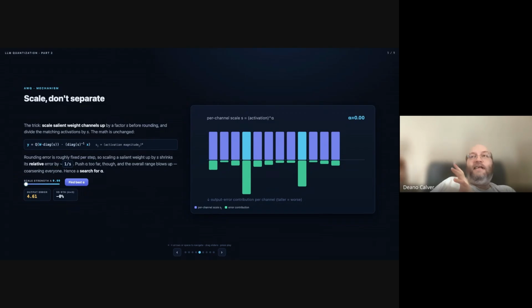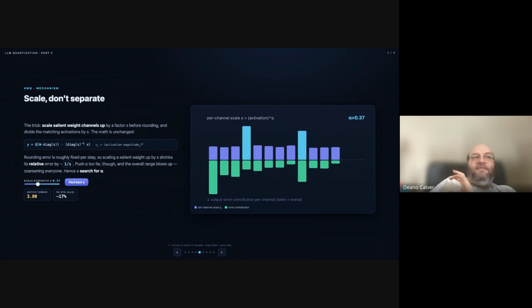And so this is actually how it works. They calculate via this thing here, doing some diagonals and stuff, a scaling strength. And what you're doing is essentially picking which of these, if you think of the green as the error contribution, and this is how it is after it's been scaled.